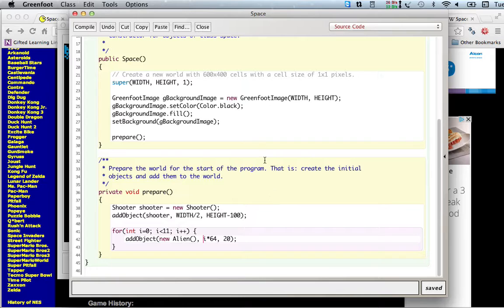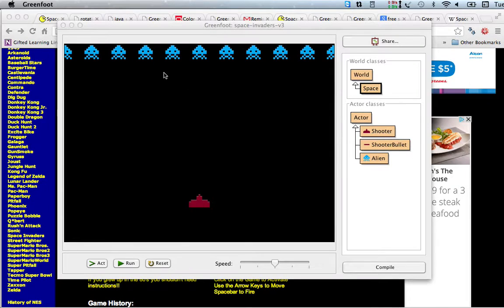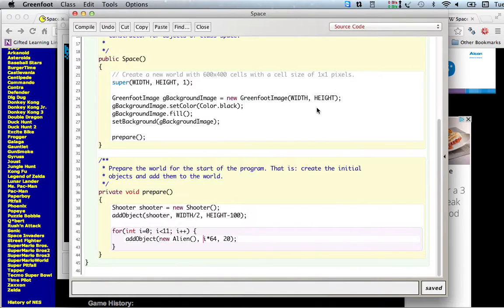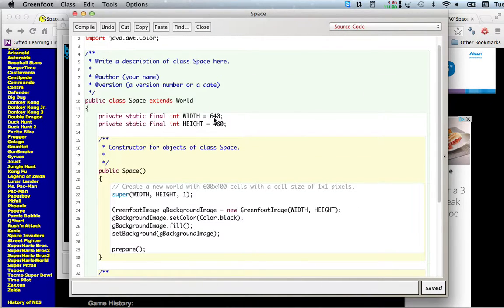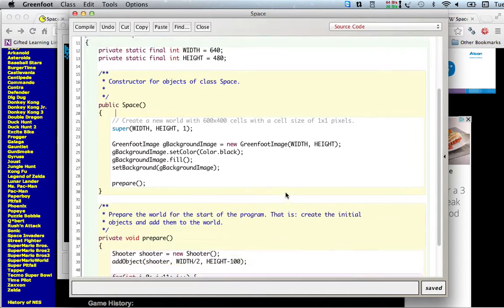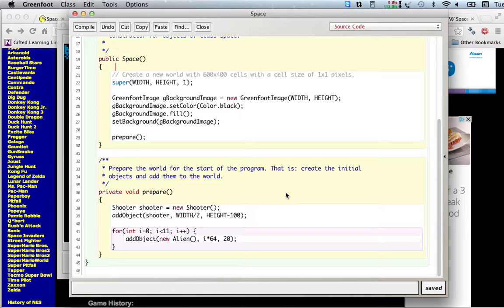So really what we want to do is, instead of going from 0 to 640, if we went 100 in, we would start at 100, and if we ended 100 back, we would be at 540, right?